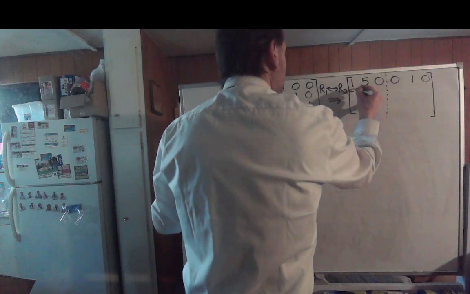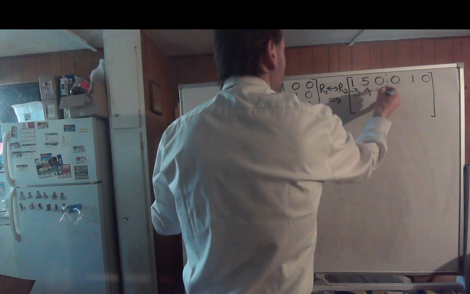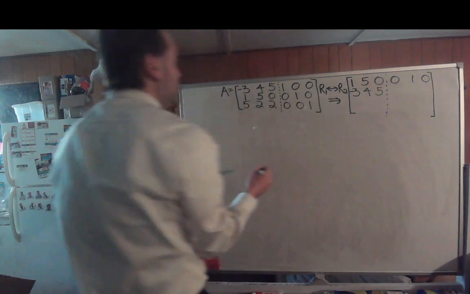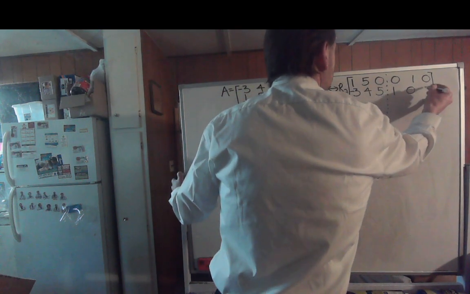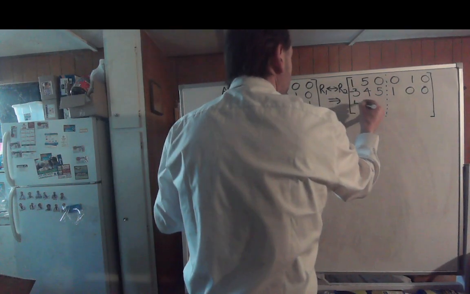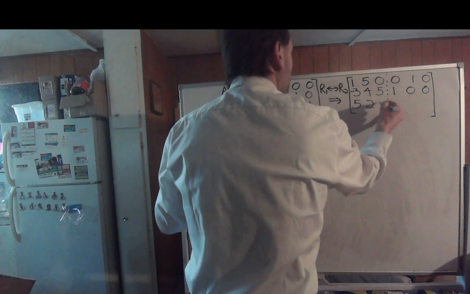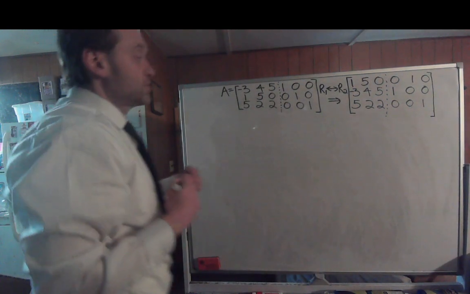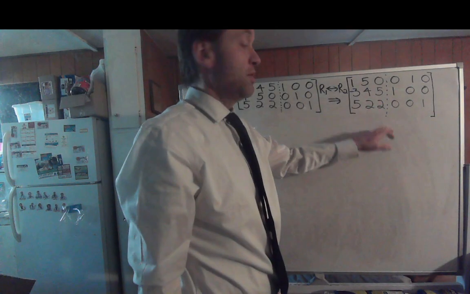So that'll be -3, 4, 5. And then you'll have 1, 0, 0 for here, and then row 3 we just left alone for now: 5, 2, 2, 0, 0, and 1. Okay, so there's rows 1 and 2 switched around.